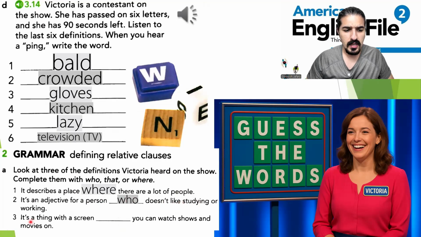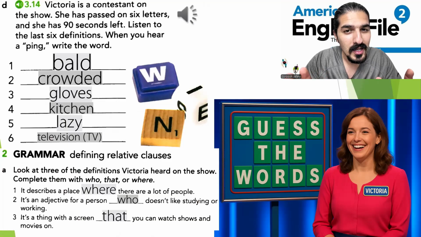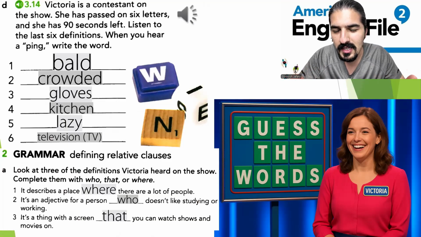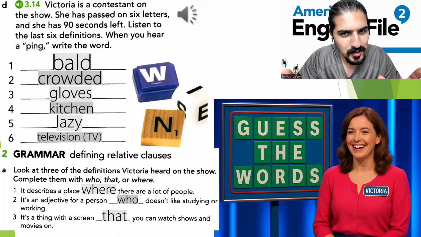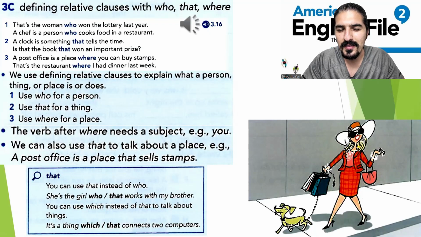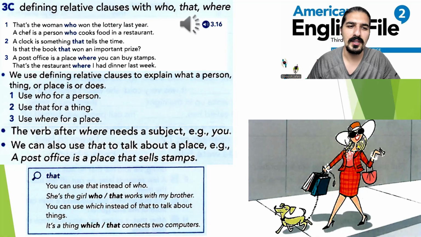And last one, it's a thing that you can watch shows and movies on. Oh, you see? You know it. That's what we call defining relative clauses. You connect the sentences with where, who, that, etc. You already know it. I just want you to listen for more information.